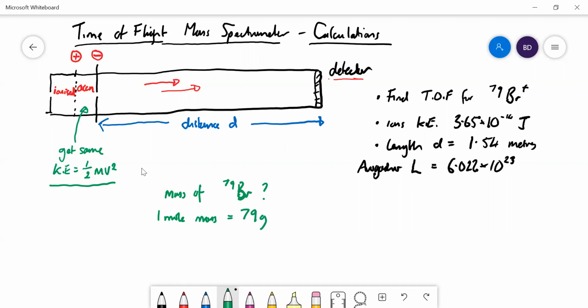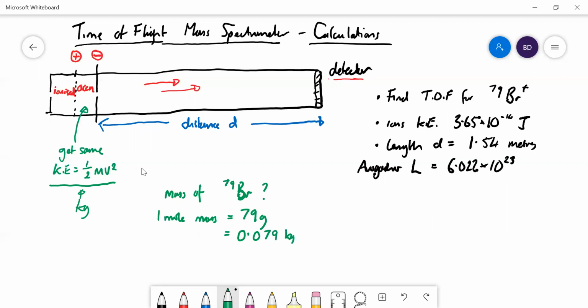Unfortunately, you've got to use kilograms in this equation because you're using SI units, so we divide that by 1,000. So 0.079 kilograms is 1 mole.